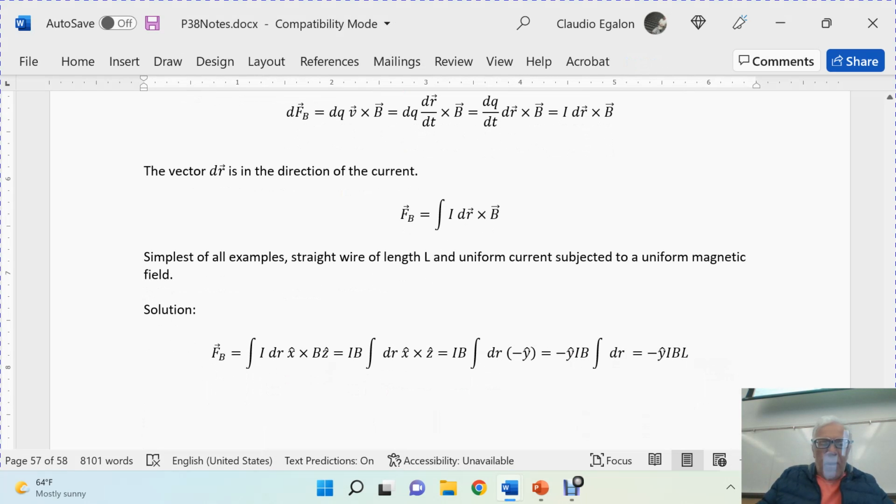Semicircle of radius R. Magnetic force points along the y-axis.